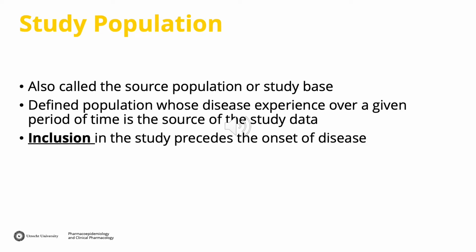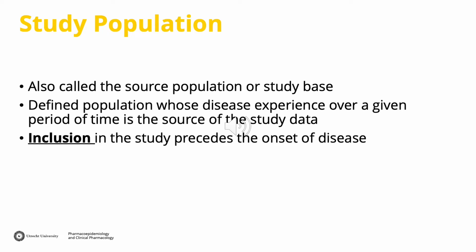So a study population is also called the source population or the study base, and this is a defined population whose disease experience over a given period of time is the source of the study data. So inclusion in the study precedes the onset of disease or the outcome of interest. So for example, in the rofecoxib examples, you will probably be studying a group of patients with either rheumatoid arthritis or osteoarthritis, and you want to follow them forward in time to see if they experience an acute myocardial infarction.